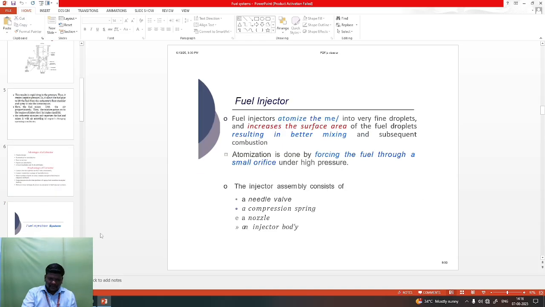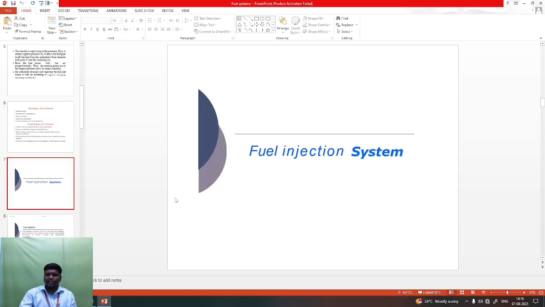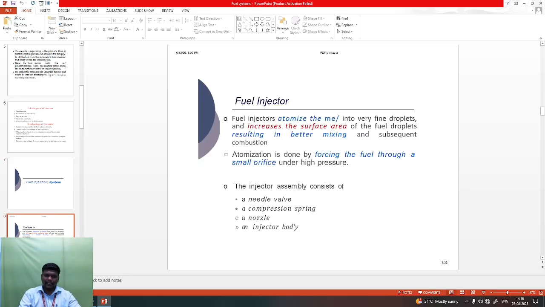Okay, next we are going to see the fuel injection systems. First we saw the simple carburetors like in bikes. Now we are going to see the fuel injection systems in cars, bikes and heavy-duty vehicles. First, let us see what fuel injectors are.